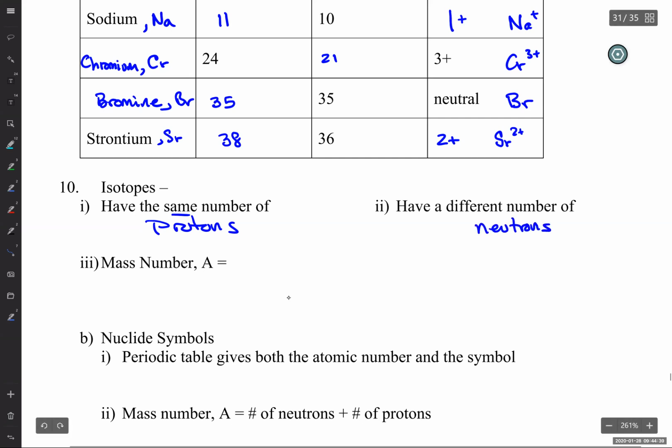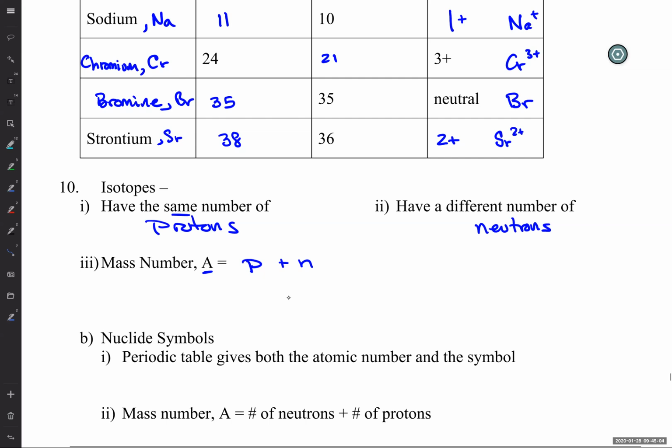We define something called the mass number, specifically for isotopes, usually given the letter A, which is the protons plus the neutrons. From that, we write something called a nuclide symbol.